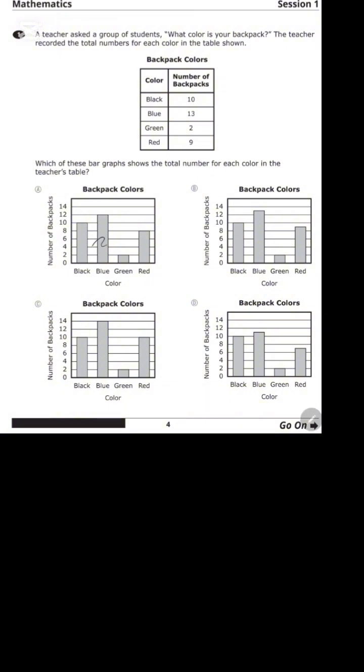Looking at option A in the bar graph, the black here indicates that there are 10. And in the table, there are also 10. So this shows that the number of blacks as indicated in the graph is correct. The blue here indicates that there are 12.